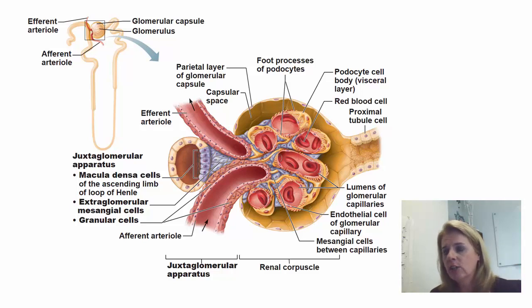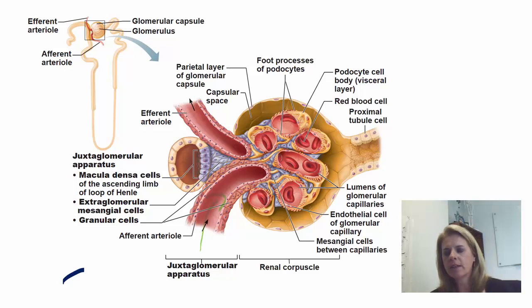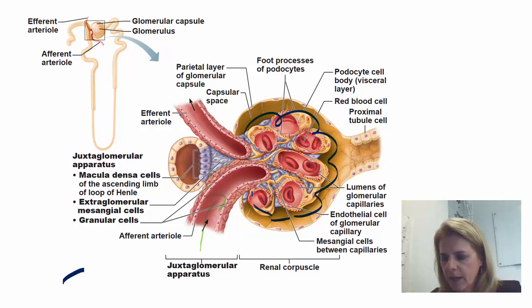All right, so let's look at this glomerulus, okay? So here's our blood coming in. Now, let's see if I can change my color so it's a little bit easier to see. It would be maybe this color. Yeah. So remember we said the nephron has 2 capillary beds kind of in a row, and the first capillary bed is called the glomerular capillary, okay, so the glomerulus. So that's all this stuff in here, okay?